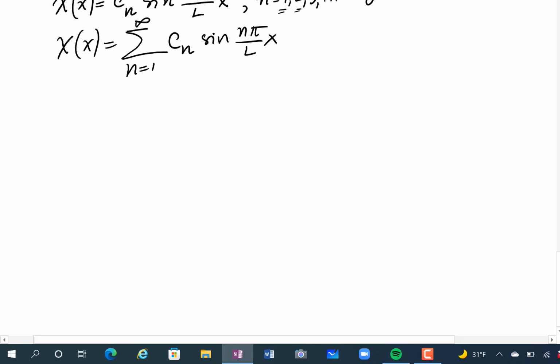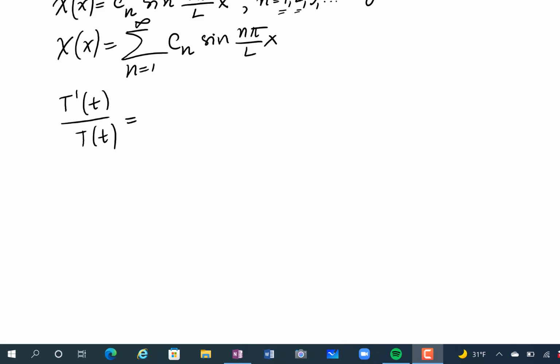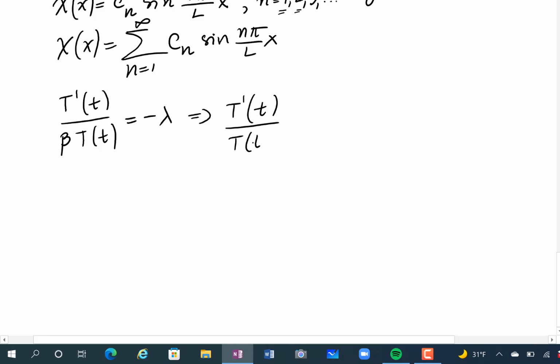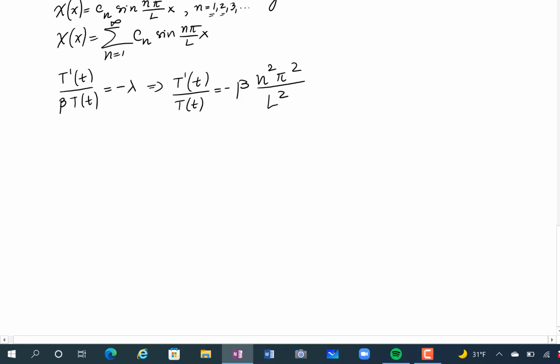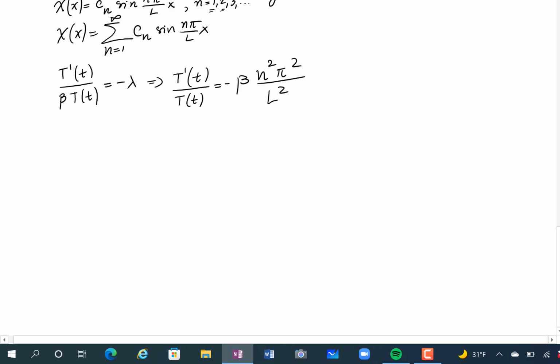So now let's take a look at what happens with the second equation, T prime of t over T of t equals beta times negative lambda. So this one is giving us T prime of t over T of t equals negative beta times lambda. Well, we already found lambda, so n squared pi squared over L squared. This one is a simple problem where we just integrate.